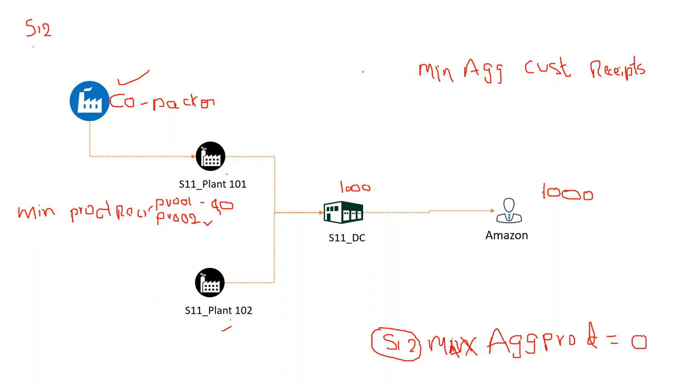You will just say for Amazon the minimum has to be 5,000. So now, irrespective of all the products, because here you're not mentioning the product, you're just mentioning the customer Amazon, the system would respect this 5,000. When we sum up the entire supply plan's customer receipts, it becomes 5,000.